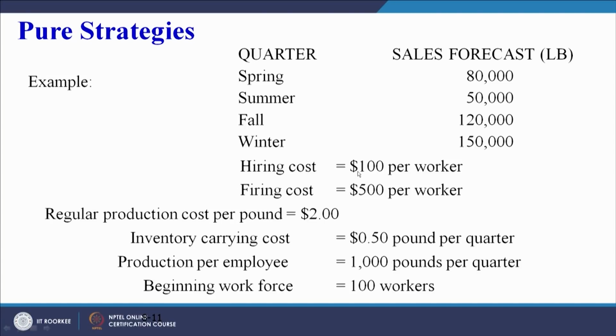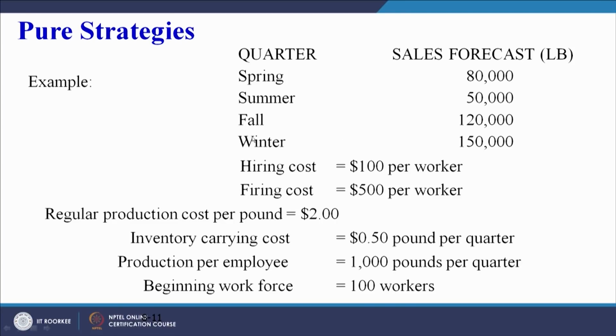Hiring cost is $100 per worker, firing cost is $500 per worker, regular time production cost per pound is $2, and inventory carrying cost is 50 cents, or half a dollar, per pound per quarter. Production per employee is 1,000 pounds per quarter, and beginning workforce is 100 workers. This is the available information for solving this problem.